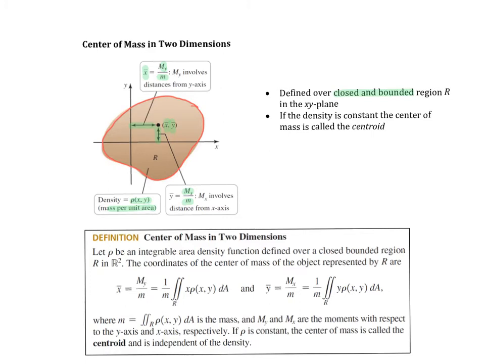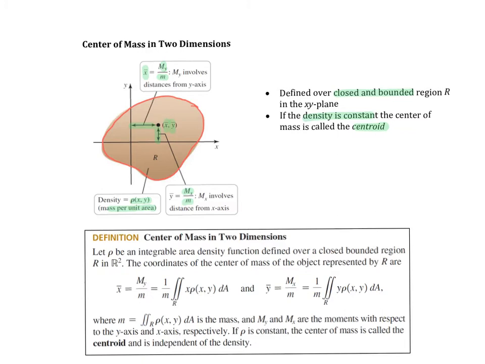If the density is constant, then the center of mass is called a centroid. So if you see a problem where it asks you to find a centroid, you can assume the density is constant, meaning that you can put any constant real number in your integrand, any number you wish.